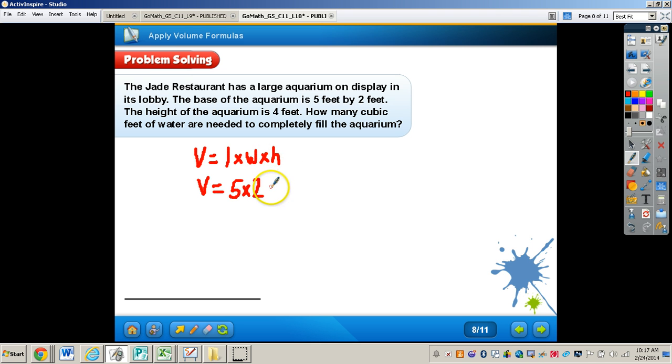And then the height is going to be 4. So we have 5 times 2 is going to give us 10. I'm going to multiply that by 4. And that's going to give us 40 cubic feet. 40 feet cubed. We can't even write it that way.